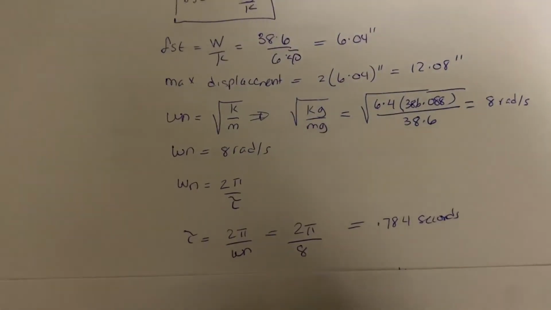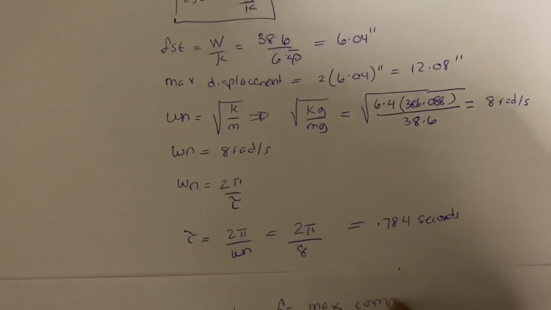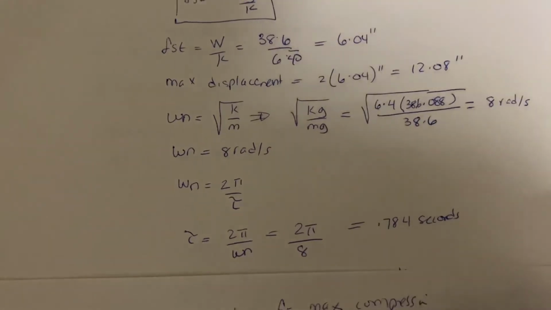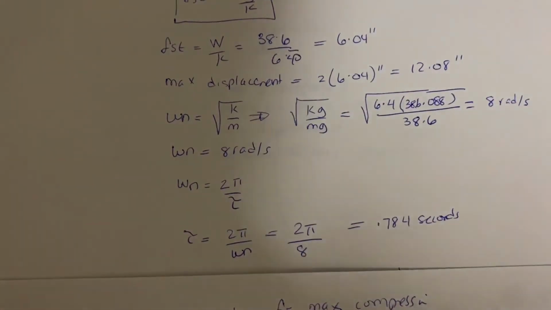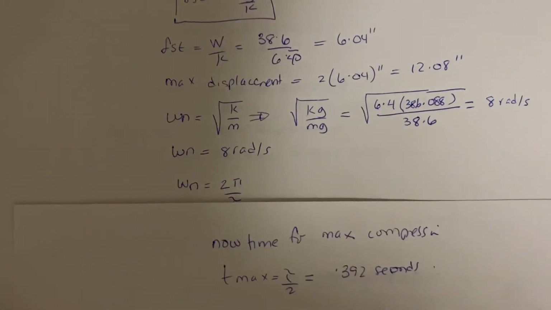Now the time for maximum compression is going to be half the period. So it's going to be 0.392 seconds. And that's the time that we were asked to find in the problem.